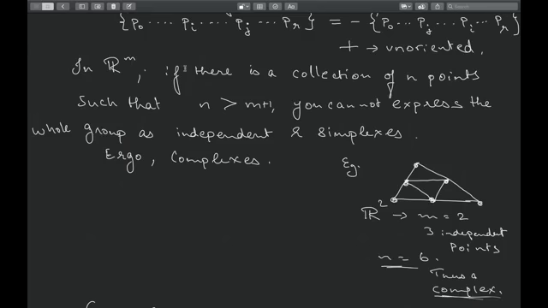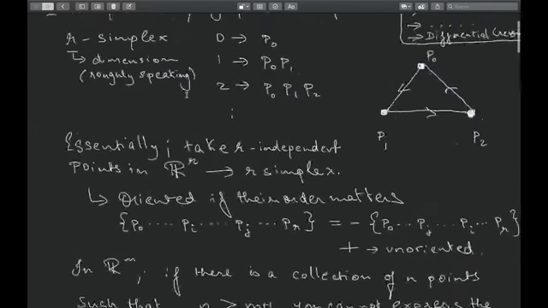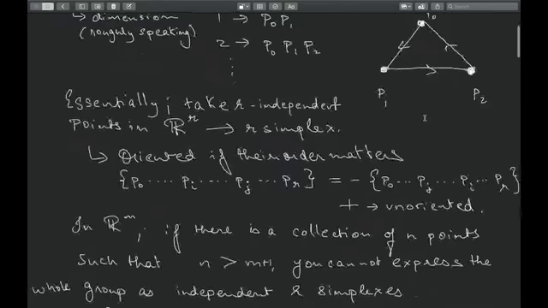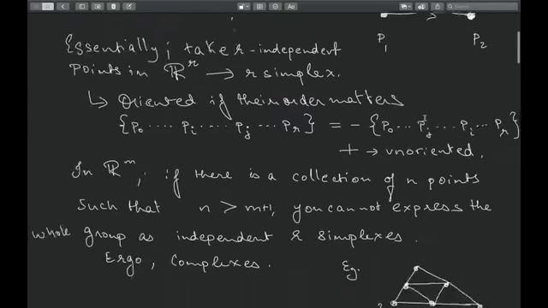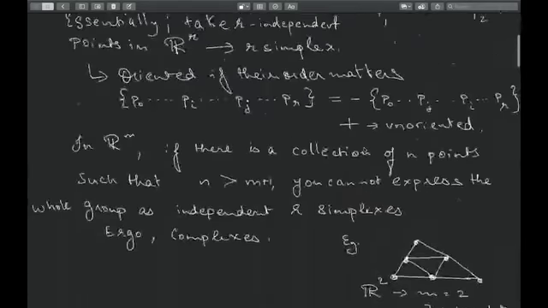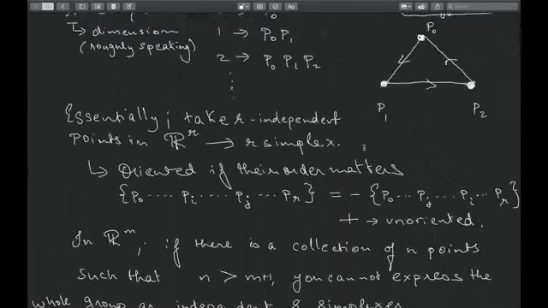In case of independent points, all these points are independent of each other. That is, no 3 points are on the same line, and no 4 points are on the same plane. So essentially, a set of independent points is called a simplex.